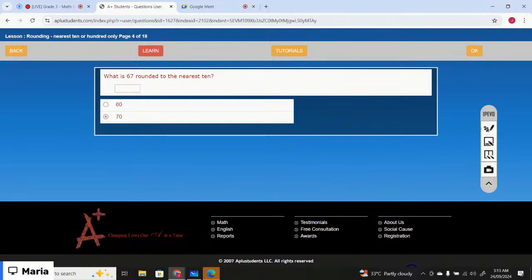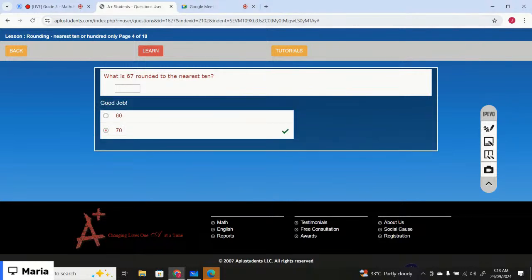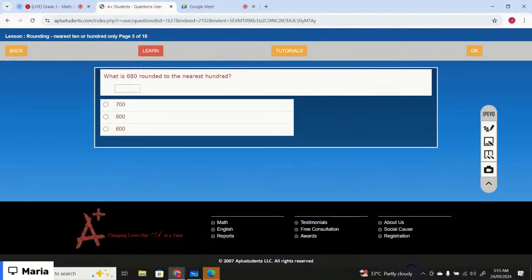The correct option is 70. Option number 2 is the correct option. What is 680 rounded to the nearest 100?